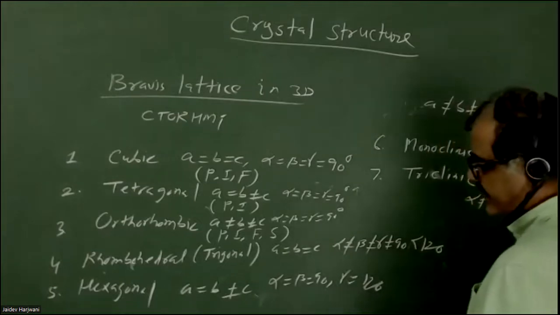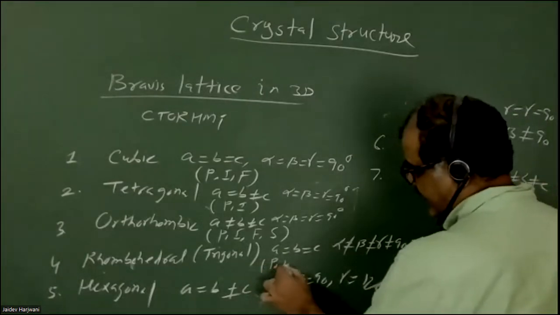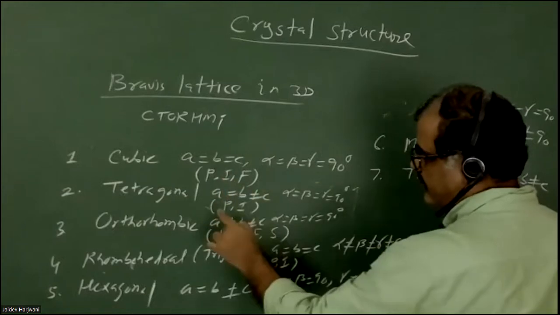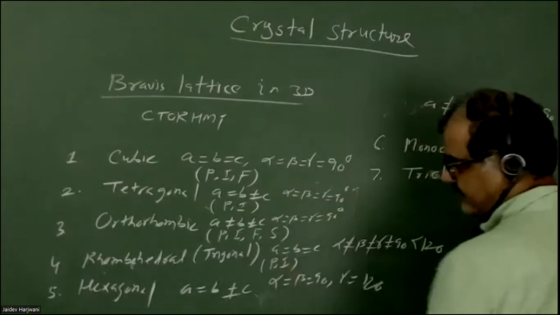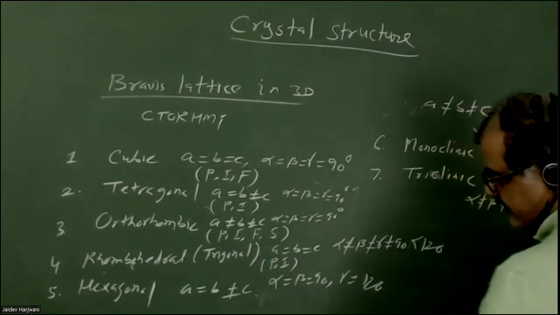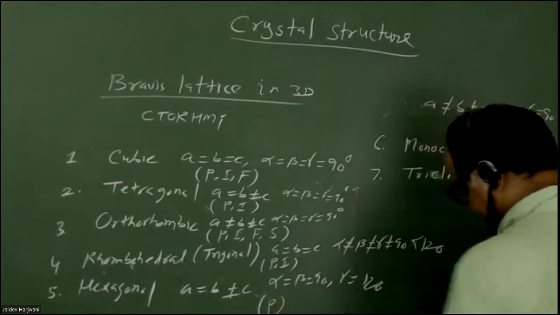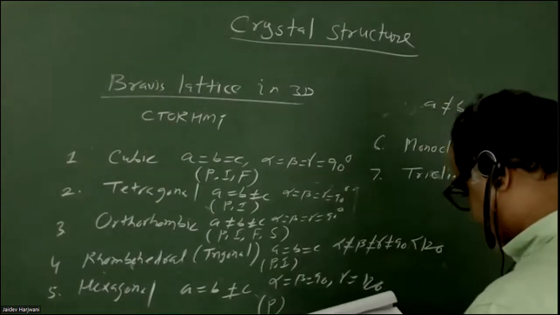Only P and I. Count करते हैं ना? 1 2 3 4 5 6 7 8 9 10 11. And hexagonal we have only primitive.